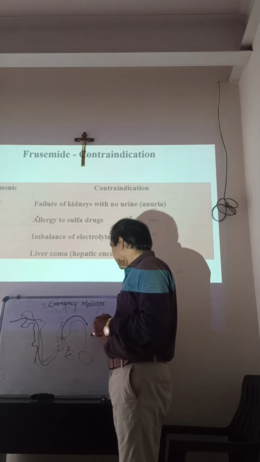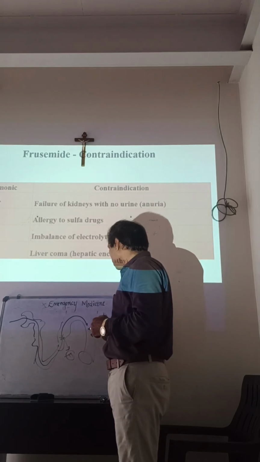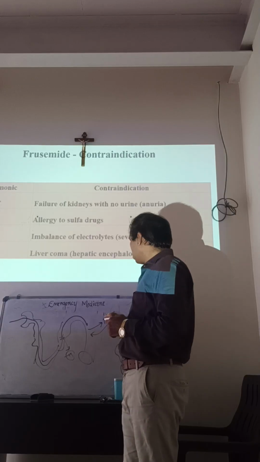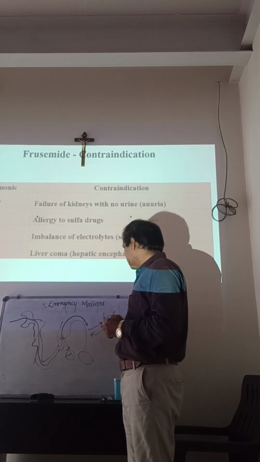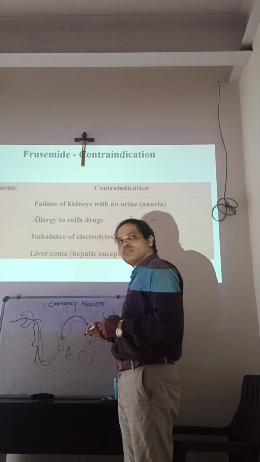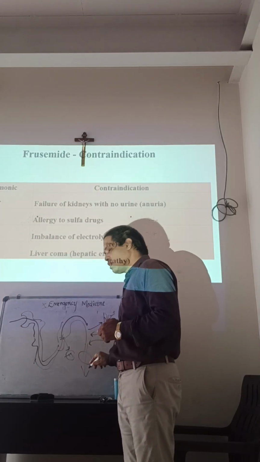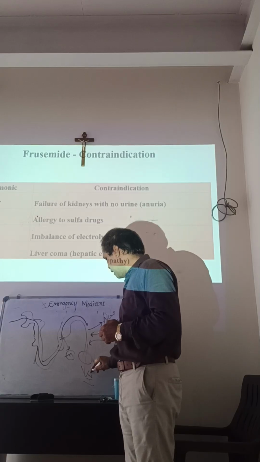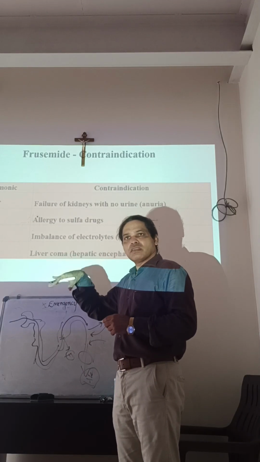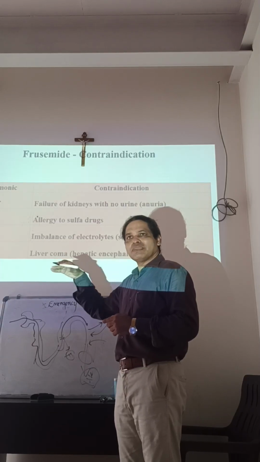Aldosterone will come and act in the collecting duct, and it wants to reabsorb the sodium that you inhibited here. When more and more sodium is reabsorbed, more and more potassium gets excreted from the blood into the lumen, and this causes hypokalemia. Hypokalemia will lead to arrhythmia, where heartbeat and rhythm get lost.